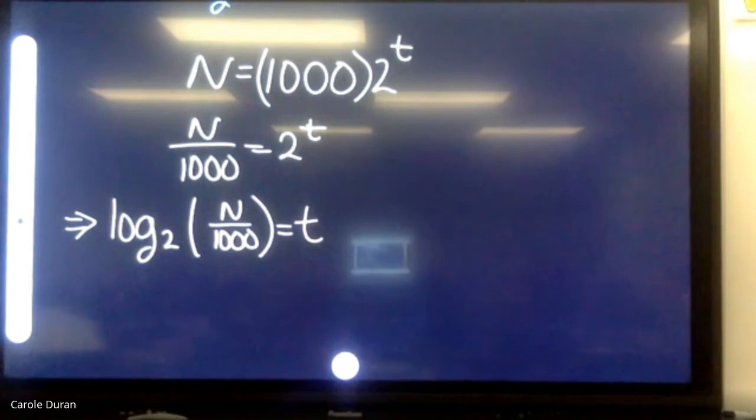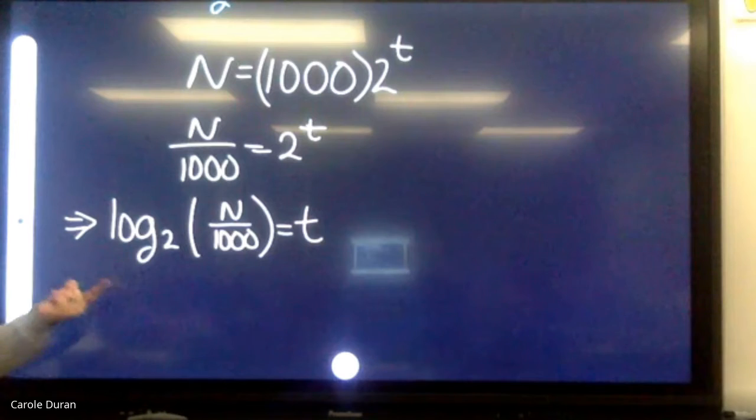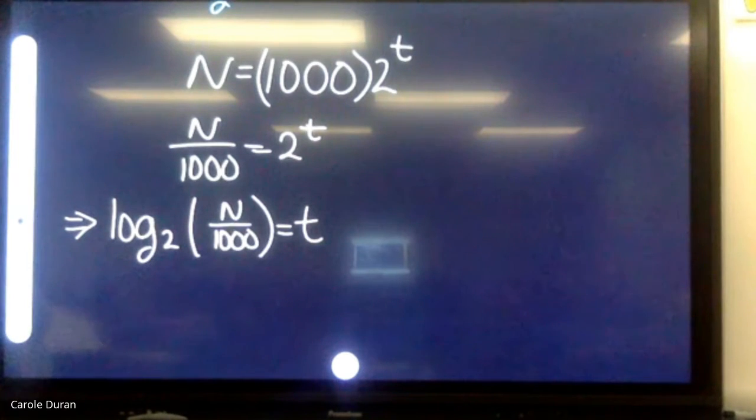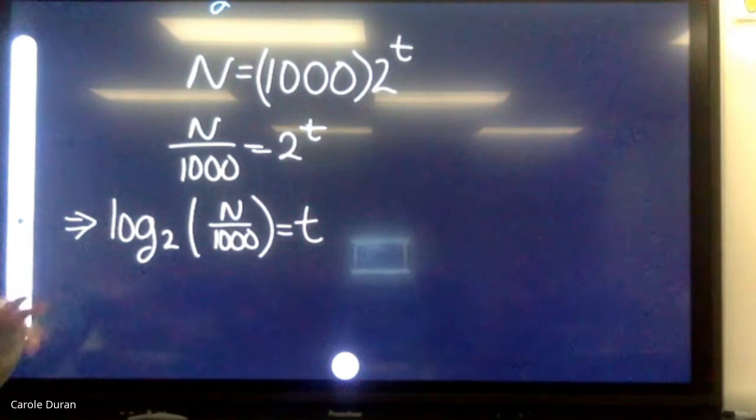So n over 1,000 equals 2 to the t can be rewritten as log base 2 of n over 1,000 equals t. If I knew what n was here, I could easily solve for my variable t now. And this is easier than doing the whole graphing thing that we did on yesterday's homework.